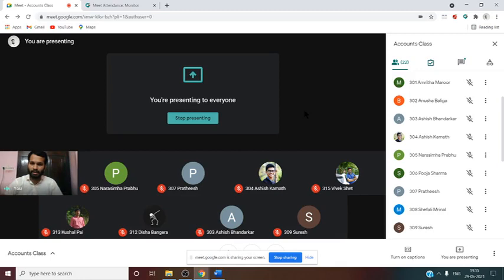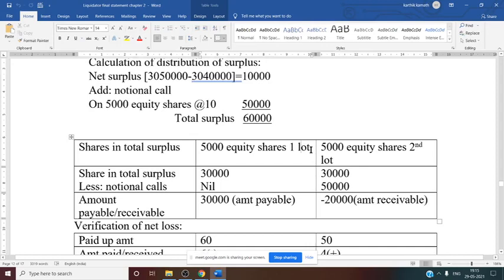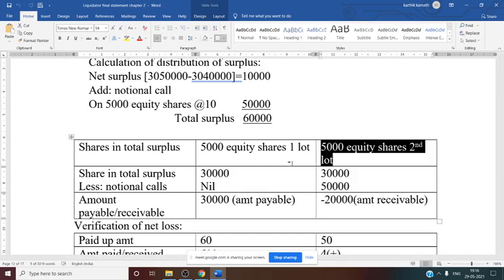I will name the first one, 5,000 equity shares, lot 1, and write that in the first column. The second, 5,000 equity shares of lot 2, you write in the second column. After finding the total surplus with the help of notional call, you have to divide the total surplus among these two categories of shares.